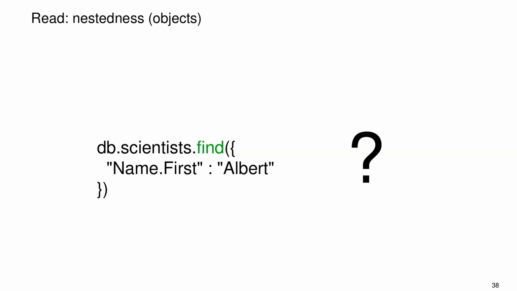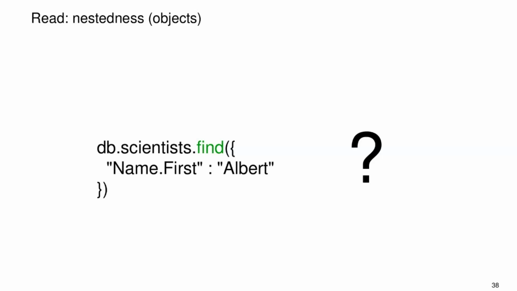Now, what about nestedness and querying inside? What if you want to go inside an object called name and then in that object find the key that's called first? Then again, you need to use a dot. And here again, you see it's a design choice. They made the decision that the dot is a special character, just like the dollar.